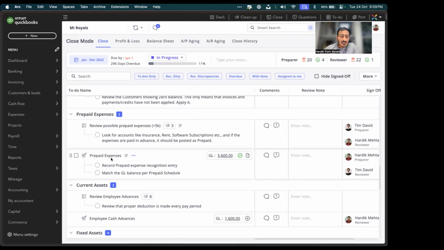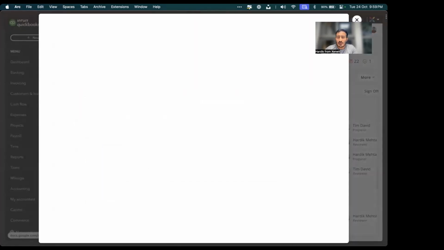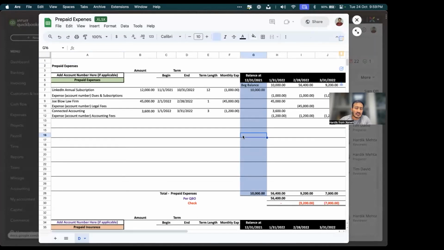As part of this close process, I have this account called prepaid expenses. It says balance as per books, which is 5,600. And I also have a schedule attached here. If I open it up from here, I can immediately reconcile whether the balance makes sense or not.